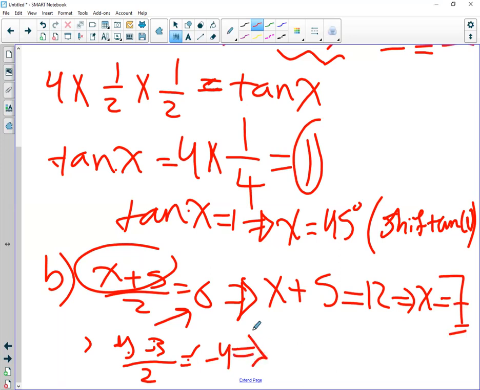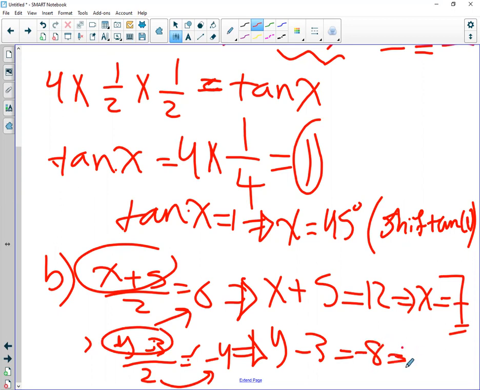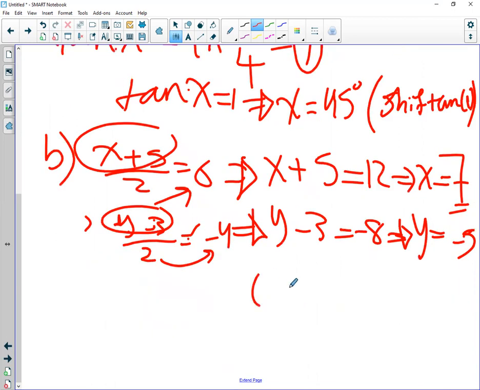The second projection is y minus 3 equals 2 times -4, which is -8. So y equals -8 plus 3 equals -5. Then the ordered pair (x, y) equals (7, -5). Do you understand?